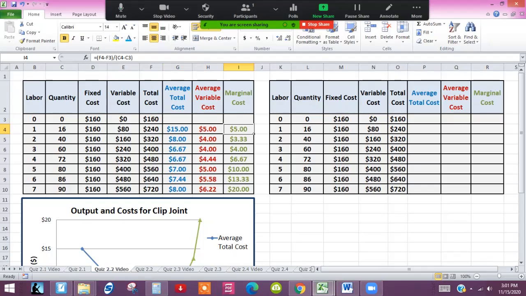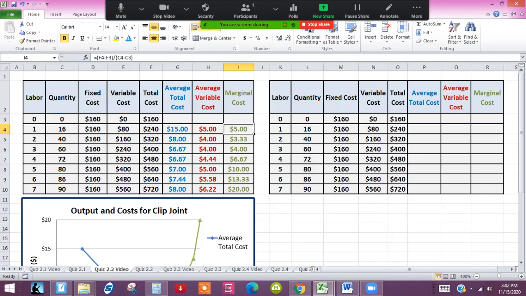What we have right here is a difference in total cost, which is this column right here. In order to get the marginal cost for a unit, we're going to subtract the total cost for 0 from the cost for 1. That gives us the difference in the cost.